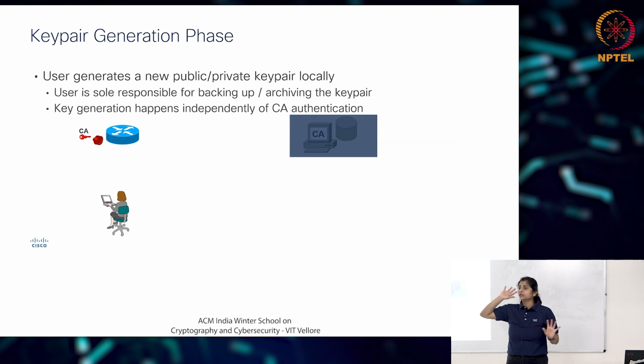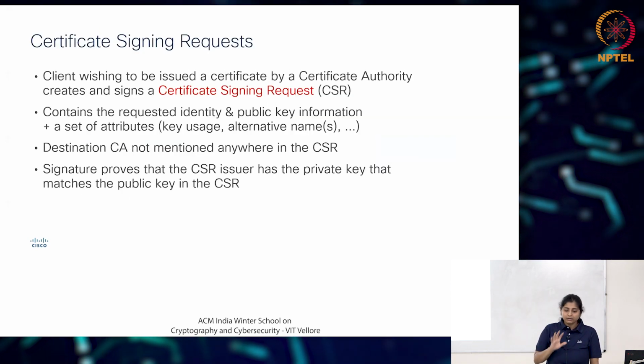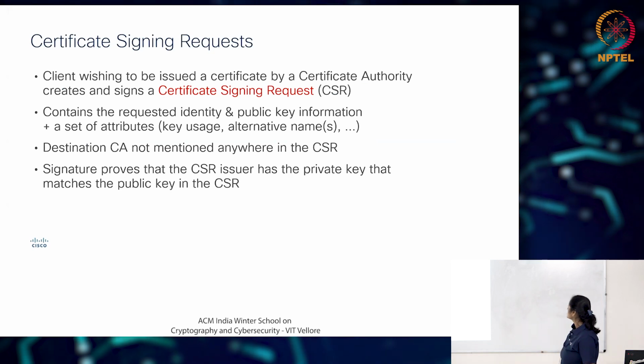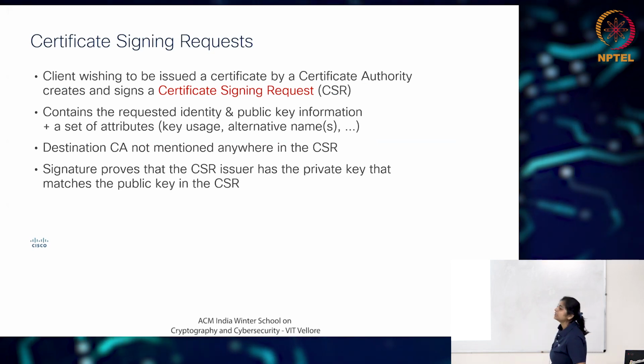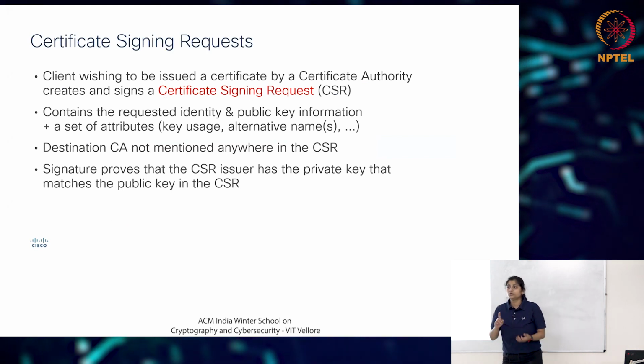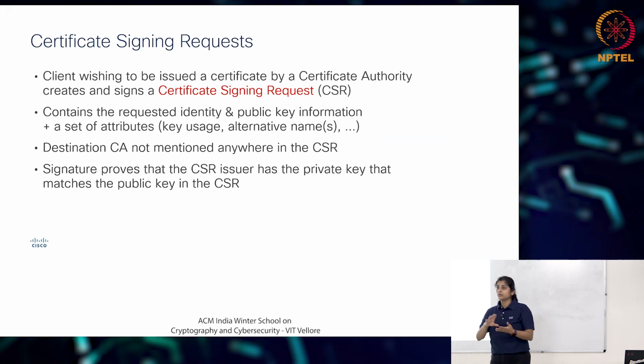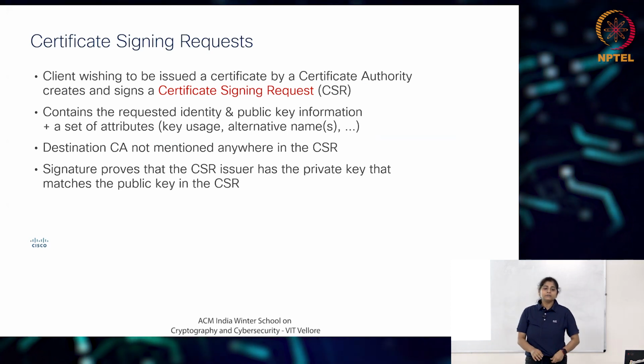Clear? Confusion? Okay. So you generate the public-private key pair and then you create the certificate signing request. This is like your driver's license application to the RTO. You put your name, date of birth, some sort of identity as well.